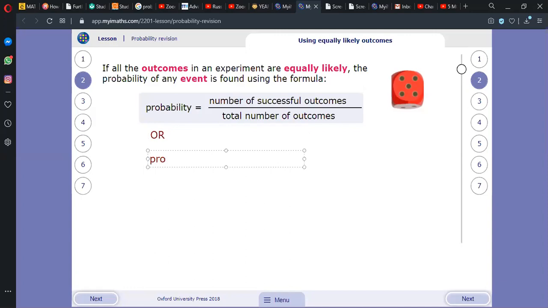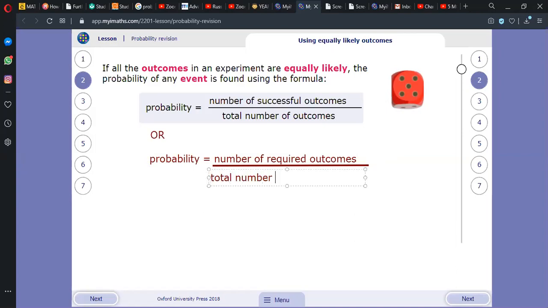Probability, and I would like to say that probability is equal to the number of required outcomes, all of this divided by the total number of possible outcomes.